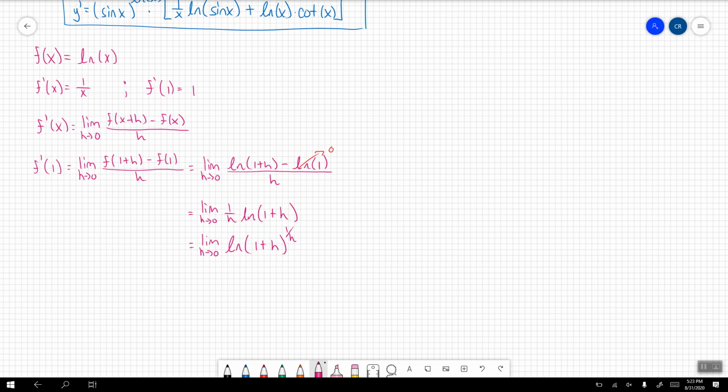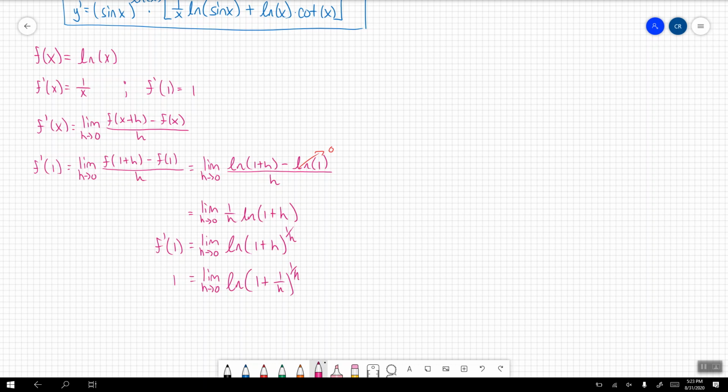Alright, so this is real nice because again, this is equal to f prime at 1. So if we follow all this along, we actually get that 1 is equal to, in this particular case, the limit as h is approaching 0 for natural log of 1 plus h to the power of 1 over h.